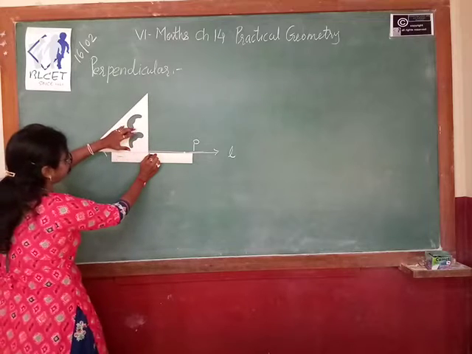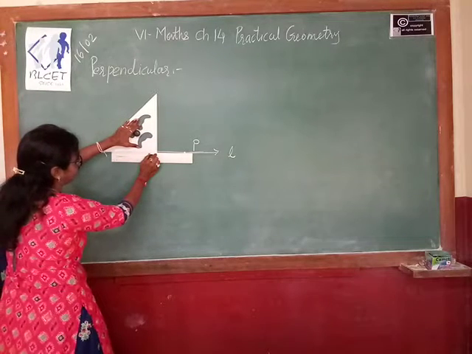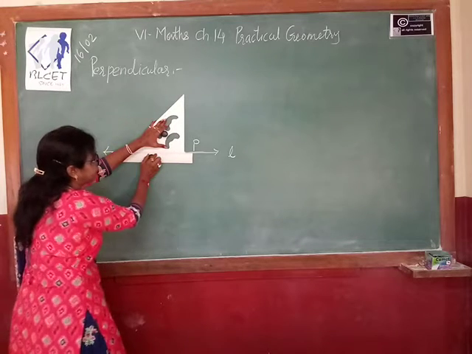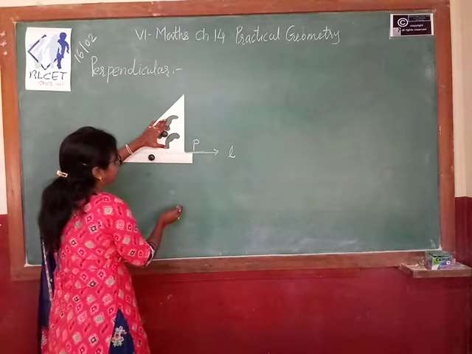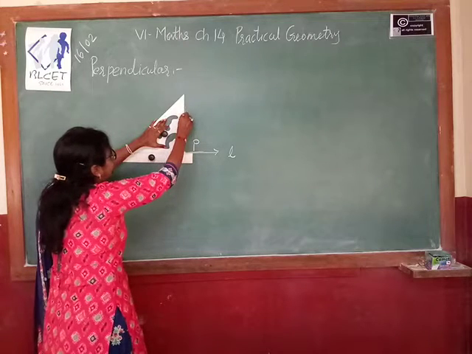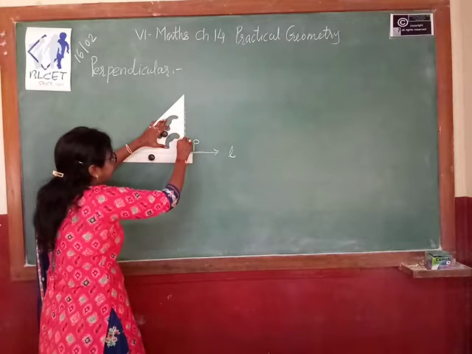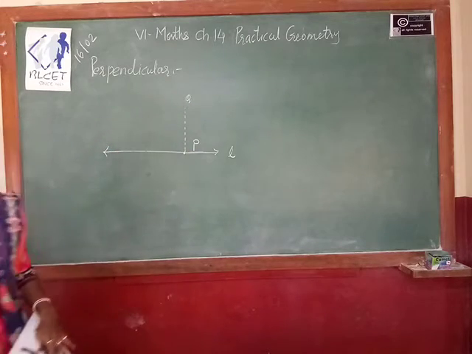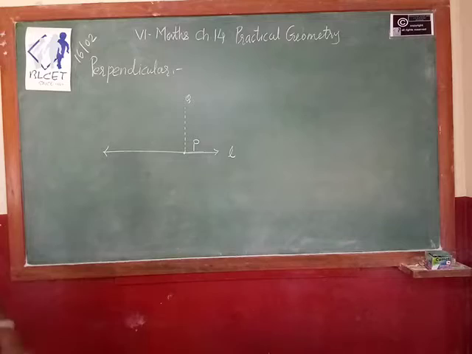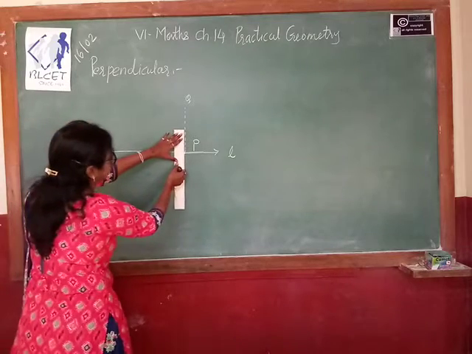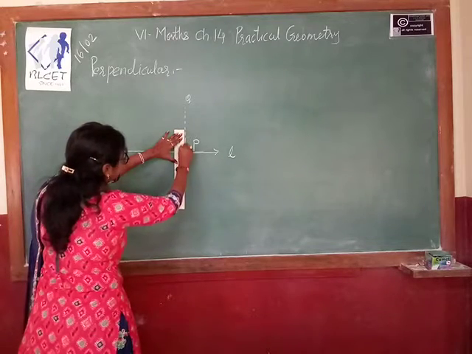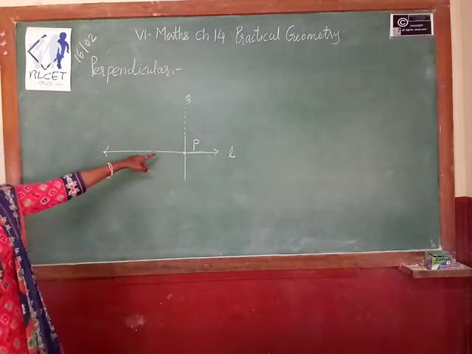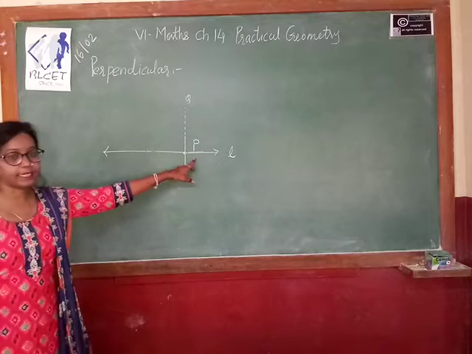Then I slide this set square so that it reaches point P. Without disturbing this, I draw this line so that I get Q. This line segment PQ, if you want, you can extend down. So this line segment PQ is perpendicular to line L.